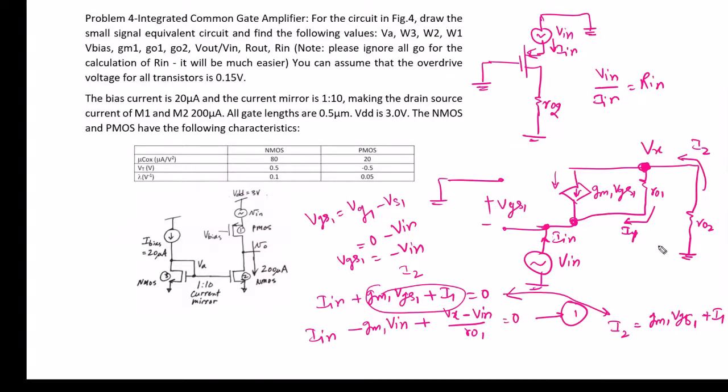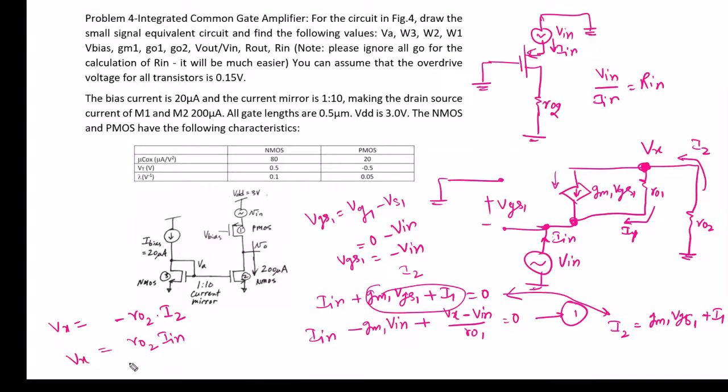If we assume I2 in this direction, we can write Vx as minus RO2 into I2, and I2 is equal to minus I in. So we can write this equation as RO2 into I in.